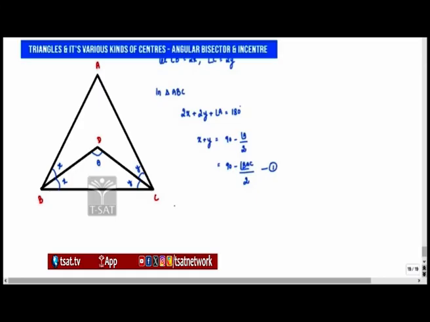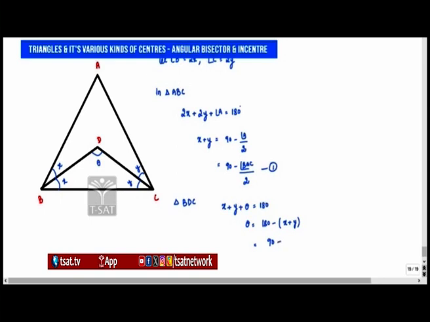Now consider triangle BDC. In BDC, x plus y plus theta is equal to 180. Theta is equal to 180 minus (x plus y). If you substitute x plus y here, 180 minus 90 becomes 90 degrees.